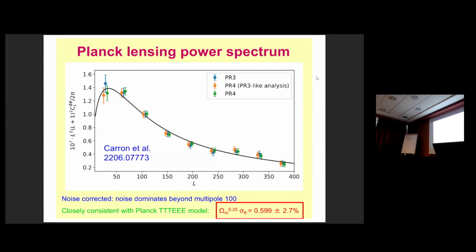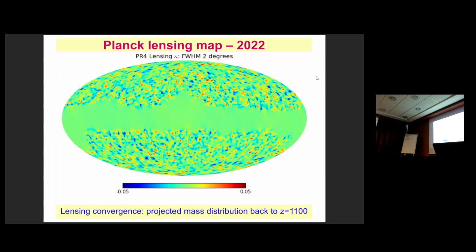Here's the power spectrum of those lensing fluctuations. I should say now what quantity we're looking at. This is color-coded between plus or minus a few percent. It's a thing called lensing convergence.